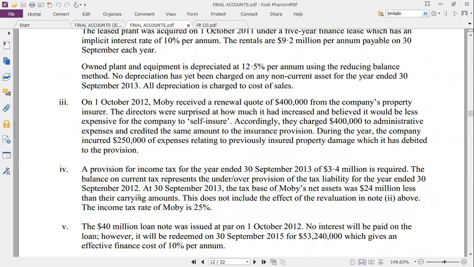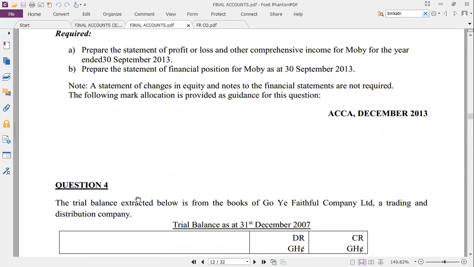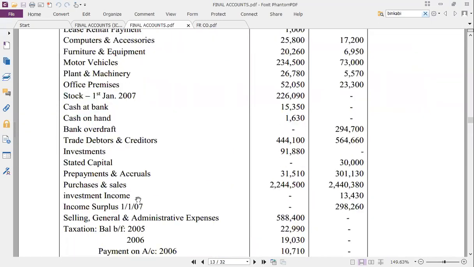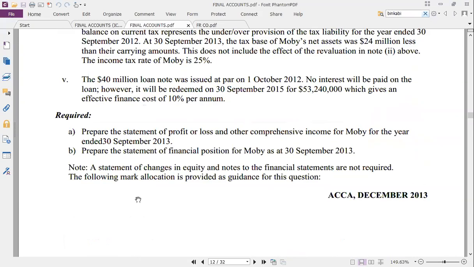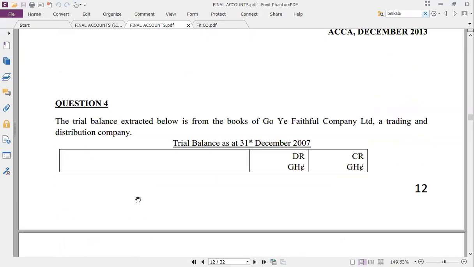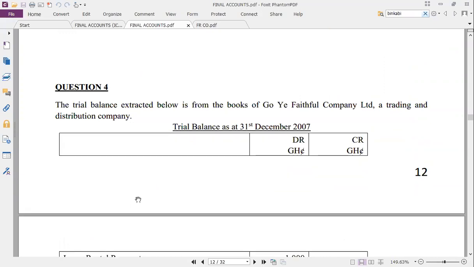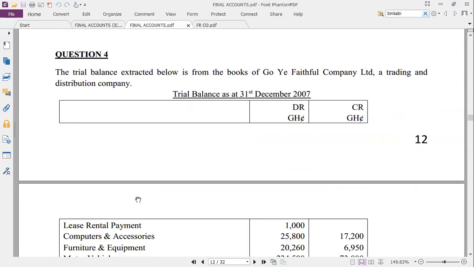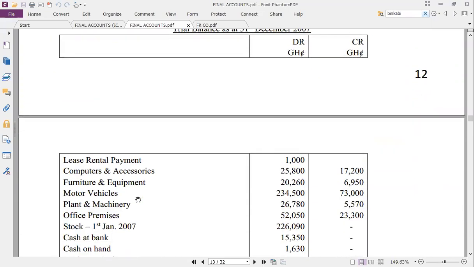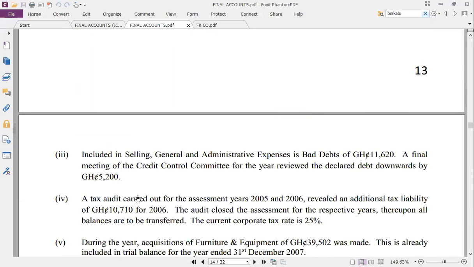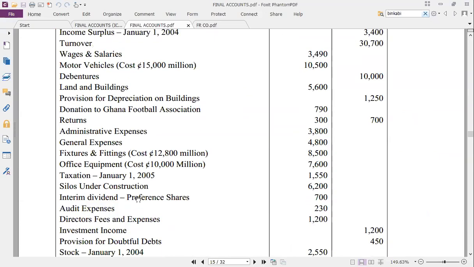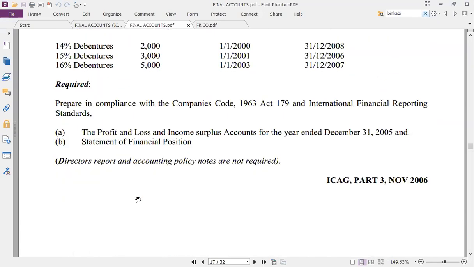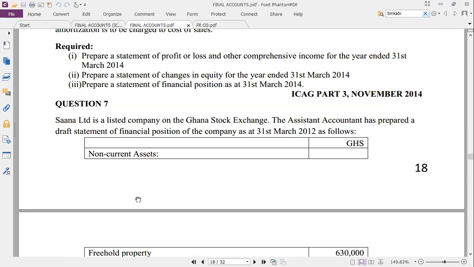So I'll quickly go in and look for the redraft first, for you to see how they're going to prepare it. Don't stop with the scanning. These questions are over 20 questions, so let me scan all of them. So let's go to the redraft section.